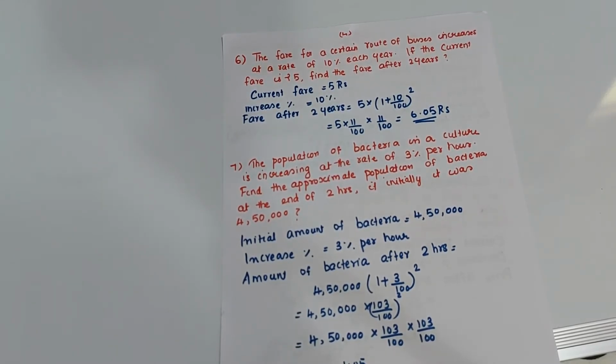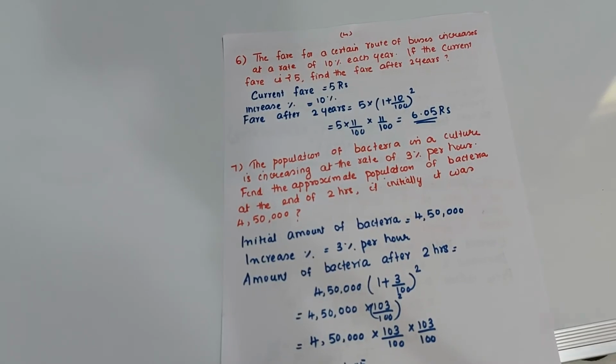So we use the formula increased amount equal to original amount into (1 plus R by 100) whole power n. Here R is 10, original amount is 5 and n equal to 2 years. So this is 5 into (1 plus 10 by 100) whole square, which is 5 into 11 by 10 into 11 by 10. It's equal to 6.05 rupees.